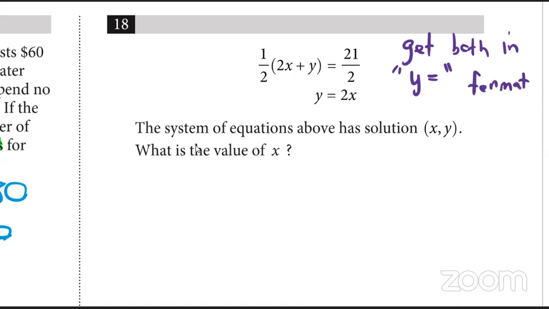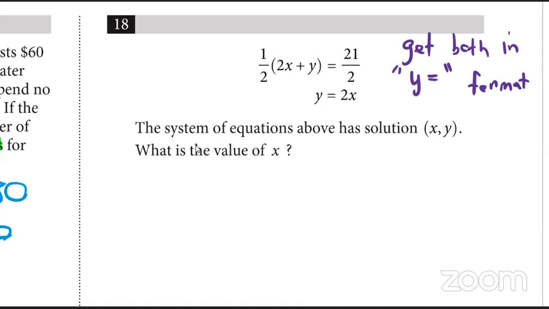We've also said for systems of linear equations that if the x's, y's, and numbers line up, that's the elimination method. And if it's easier to get y by itself or x by itself, that's the substitution method. So this would maybe logically be the substitution method. And we can sort of try either one here. I think I just generally like the idea of getting them both in the y equals format.